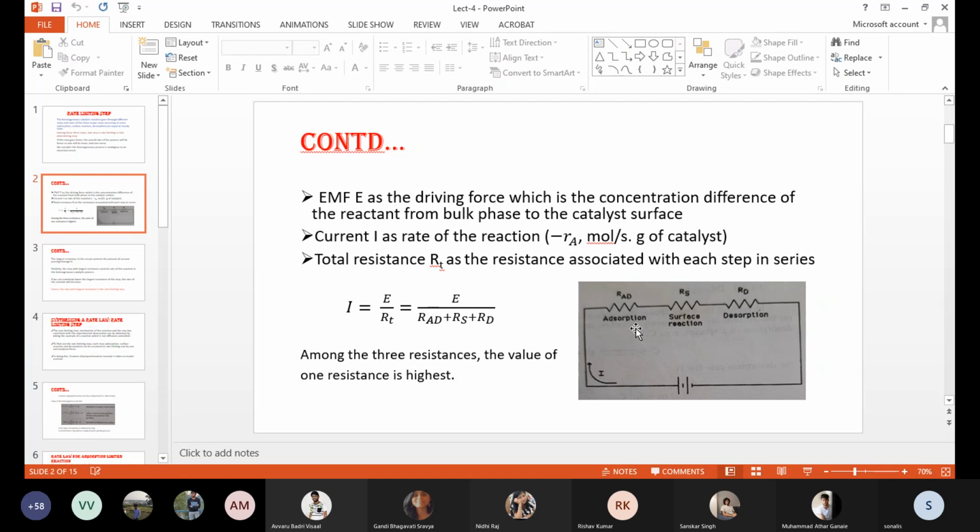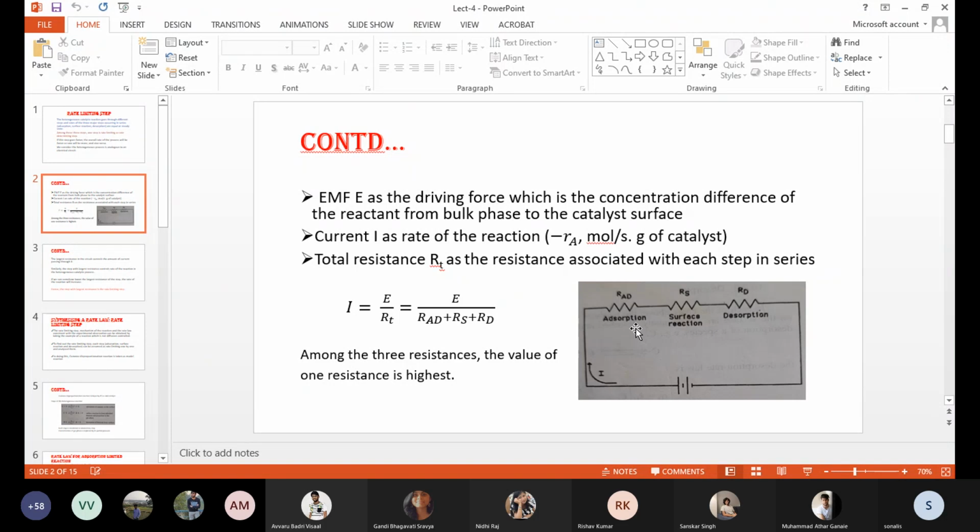All three are in series, and adsorption resistance is denoted by RAD. Say RAD is 1 ohm, surface reaction RS is 1000 ohms and desorption is 100 ohms. Look, surface reaction has the highest resistance, so it is the slowest step.